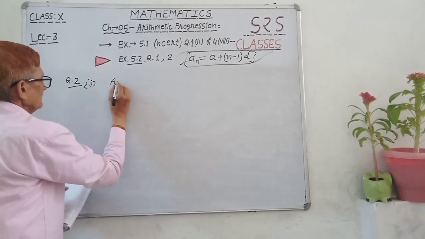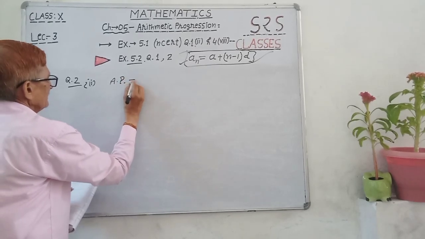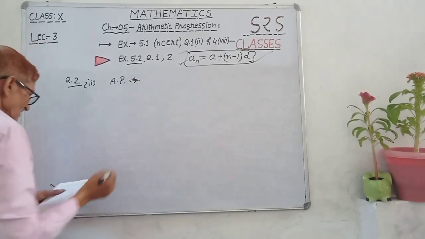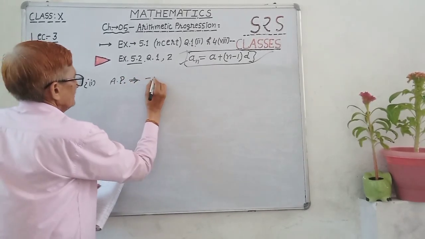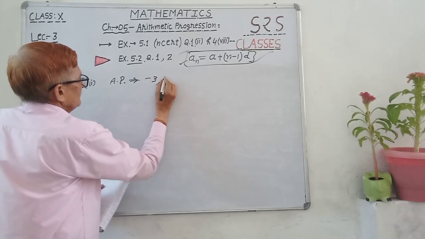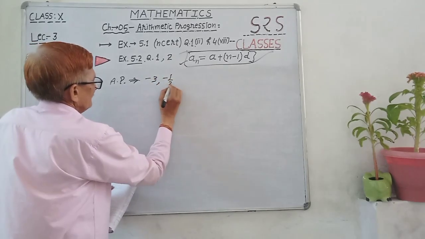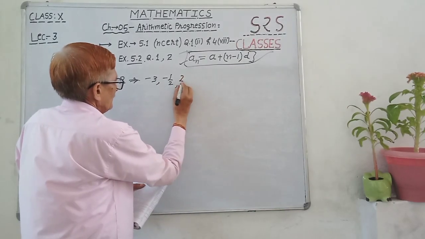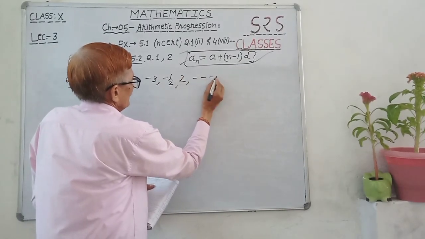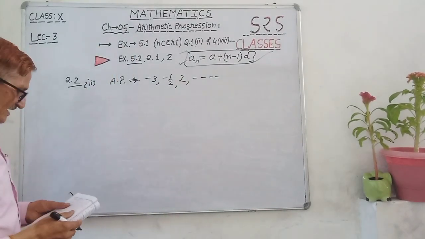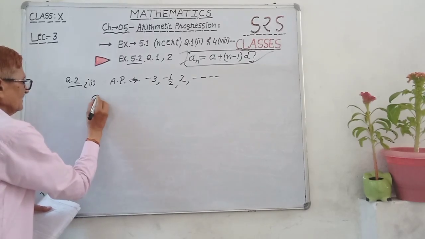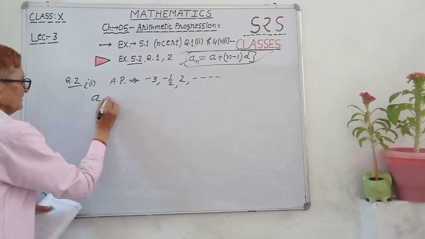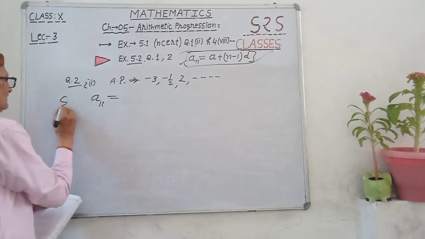The AP is given: minus 3, minus half, 2 and so on. So here we are asked for the 11th term, A11, this we have to find.